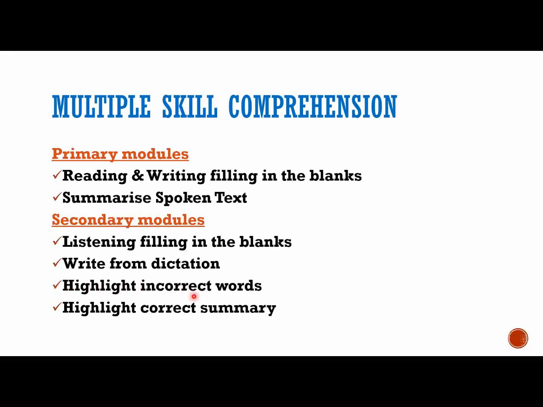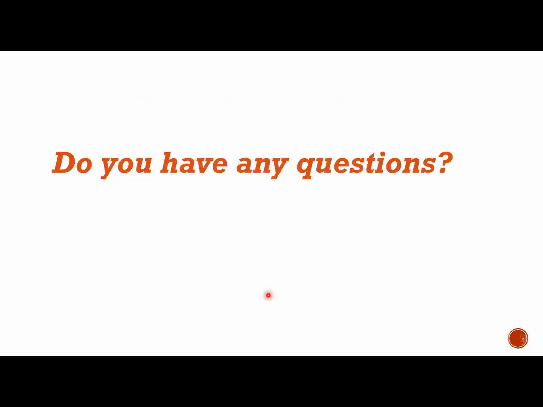Don't move the cursor with the lines, because sometimes when you click the button the audio will move forward but your cursor is here. Just keep your cursor in between the lines and move your eyes on the screen so that you can avoid mistakes. So this is all about the single skill and multiple skills that are contributing in the final PTE exam.